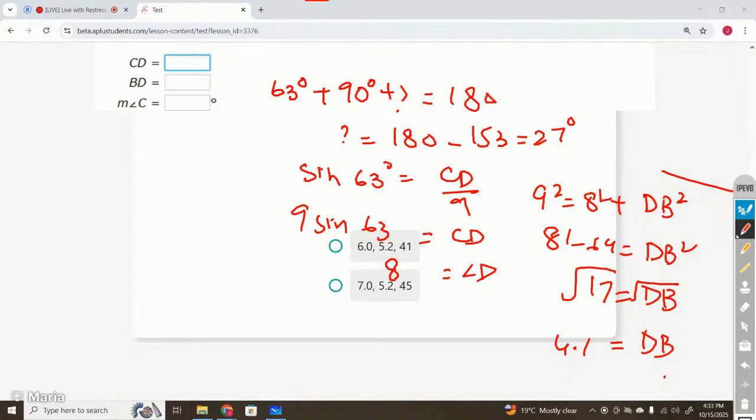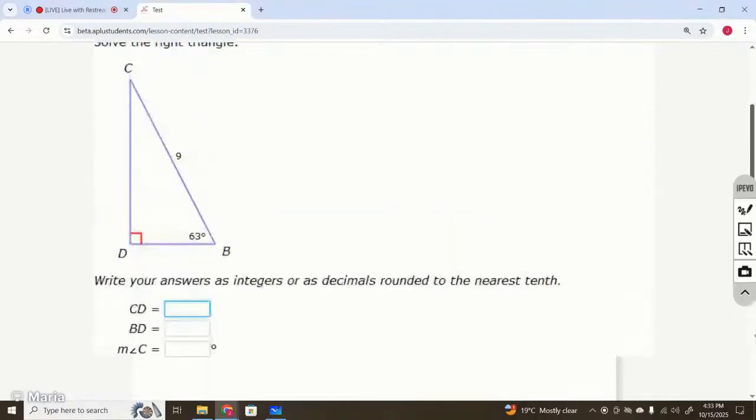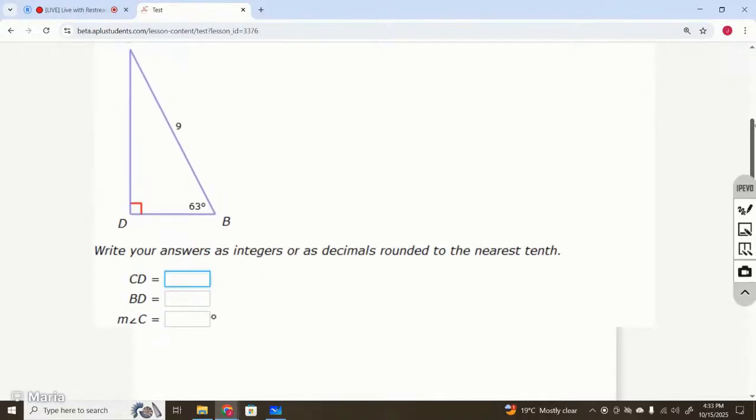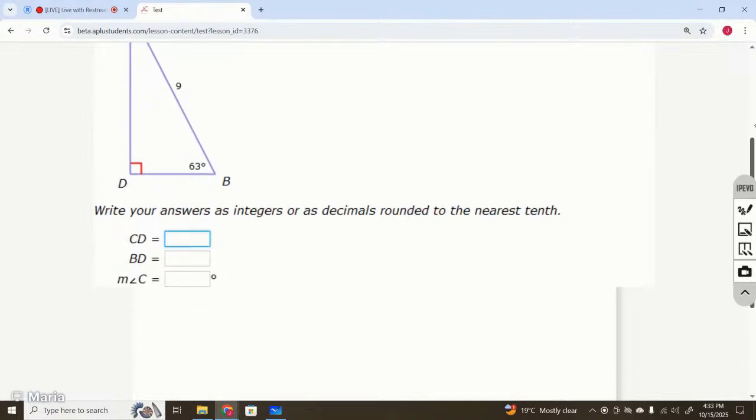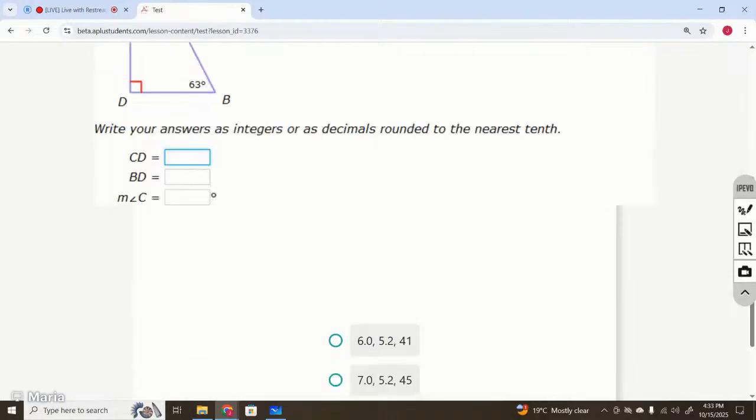CD is 8. But you're not given the correct option because the angle is not the correct one.